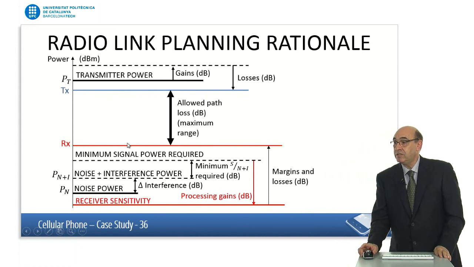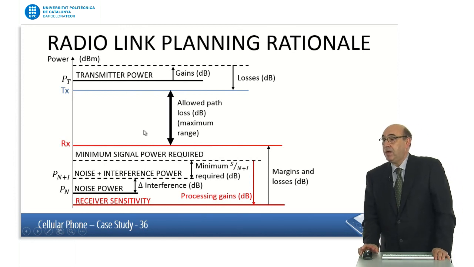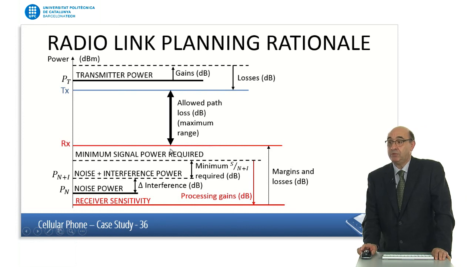And those two values set the maximum allowed path loss. If your path loss is less than this value, you are in good business, because now you are receiving a signal that is above this level. Okay? But if you are below, then you are in trouble, and you have to start improving your system. So remember, the main parameters here are the transmitter power, all the gains and losses, the noise, once again interference, the signal-to-noise ratio, and all the gains.